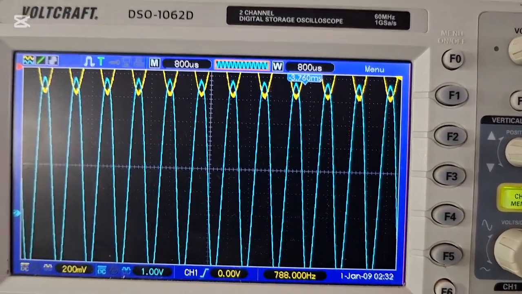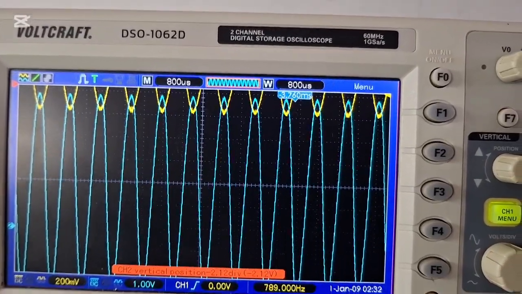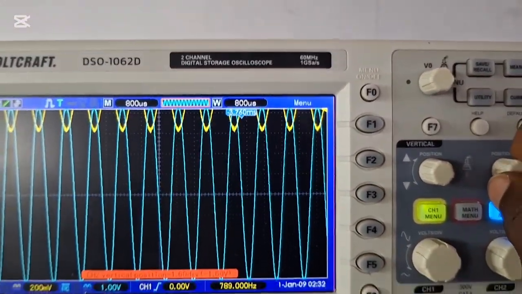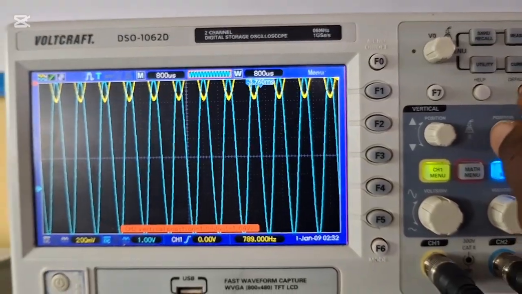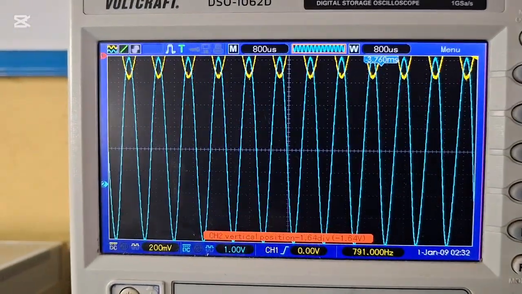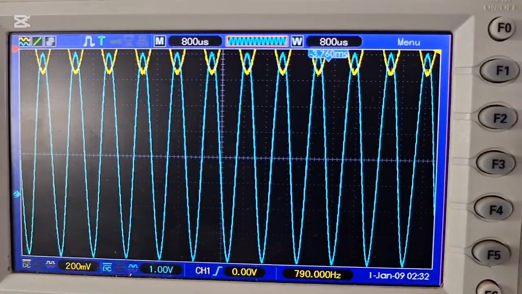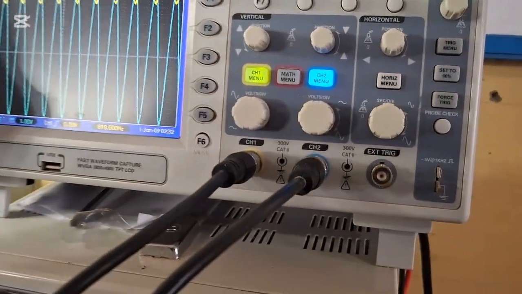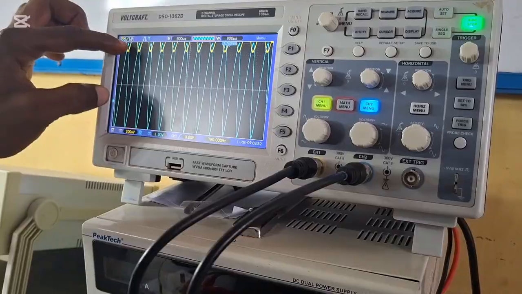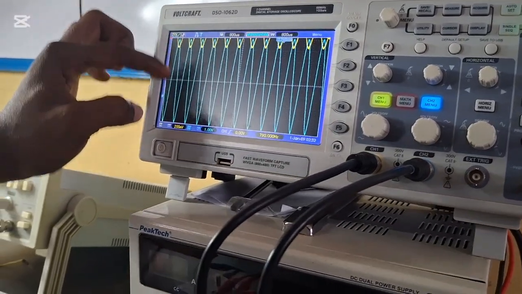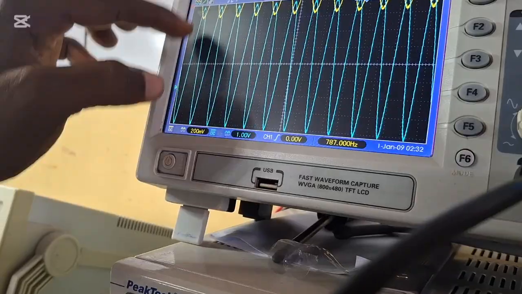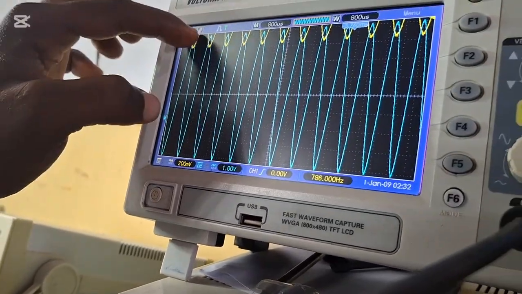Oh, we can actually have more. Wow. We can have more without any distortion. We are not having any distortion because we have a smooth curve at the bottom and top of the waveform.